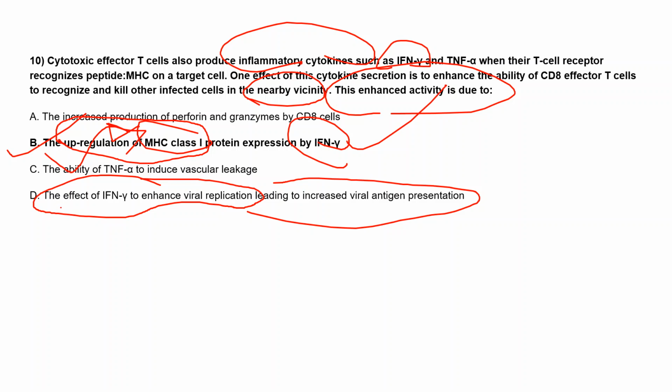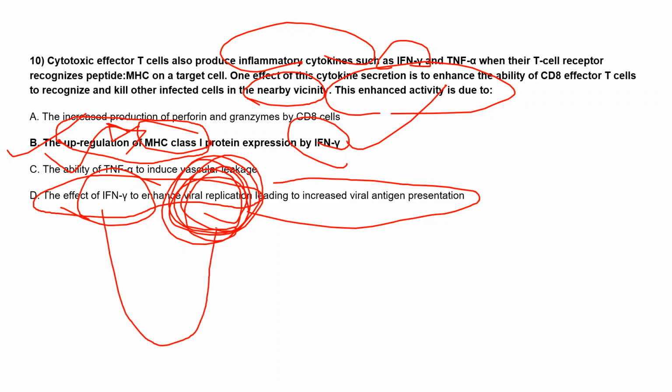So IFN gamma will not enhance viral replication, because IFN gamma and TNF alpha are our own inflammatory cytokines. If they helped viral replication, it would be problematic for our immune system also.